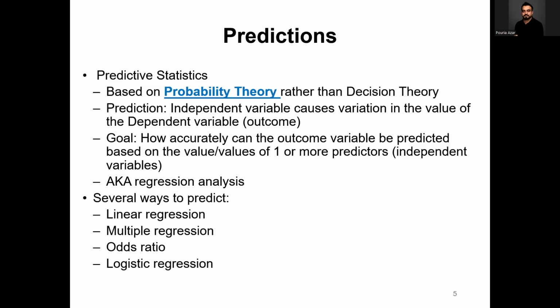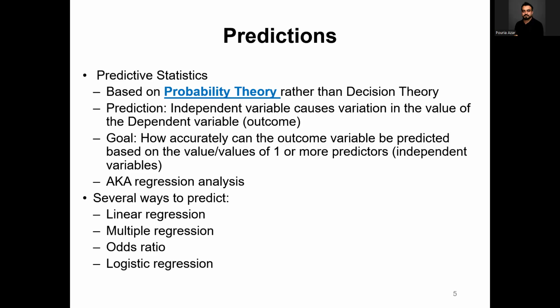But in multiple linear regression, we have more than one predictor and just one outcome variable. The goal and purpose here is to determine and assess how accurately the outcome variable can be predicted based on the value or values of one or more predictors.